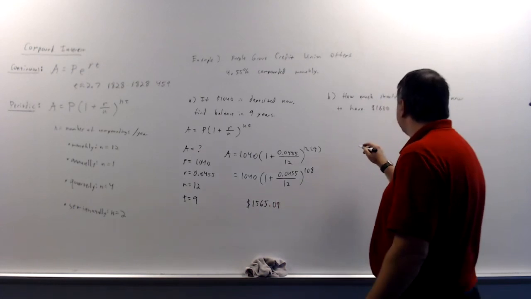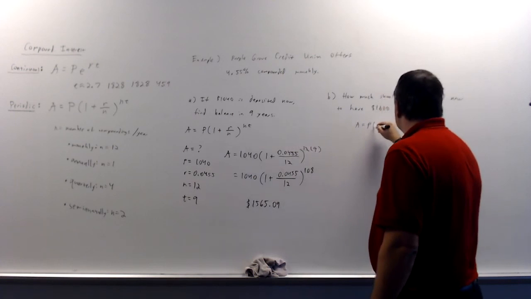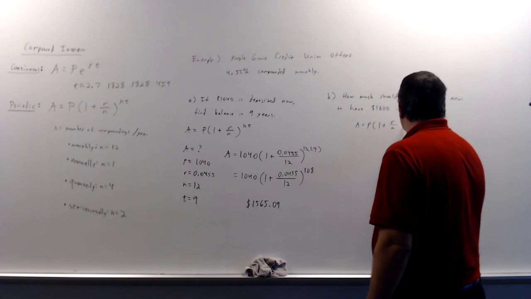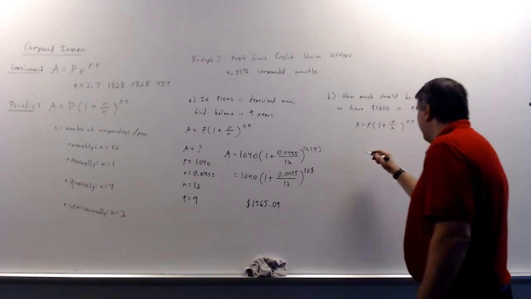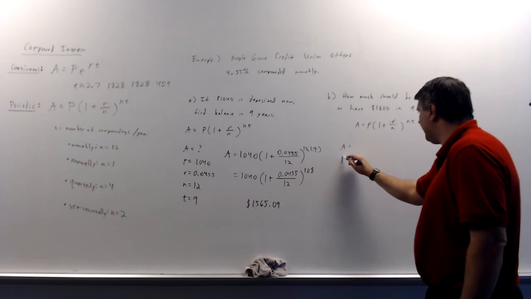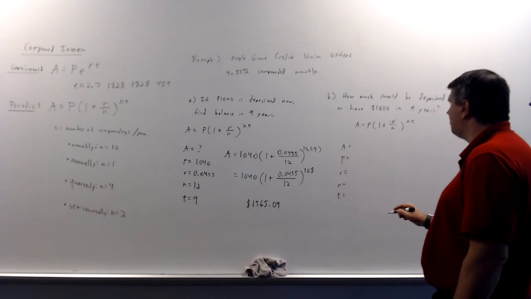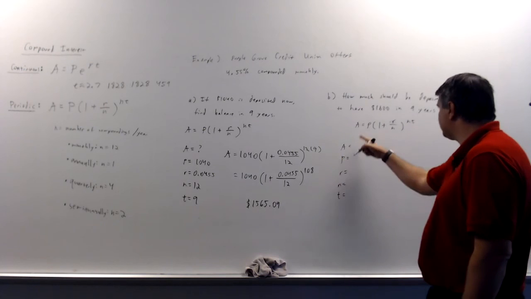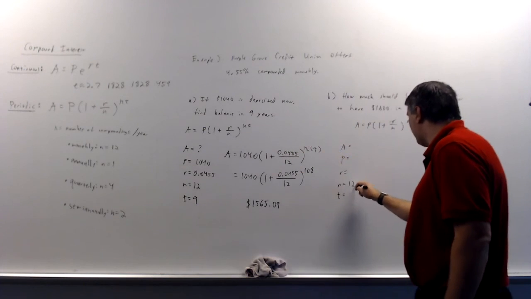Okay, so for this one, same formula. A equals, P equals, R equals, N equals, and T equals. So the accumulated value is going to be 1600. It's compounded monthly, so N will be 12 throughout this problem.